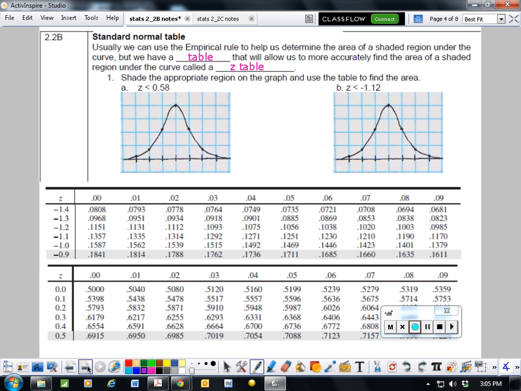So we're looking at a problem where we shade the appropriate region on the graph, and then use the table to find the area. What's the probability, or what percentage of my values will have a z-score less than 0.58? So let's go ahead and label our graph: 0 in the middle, and we go out by 1 standard deviation each time.